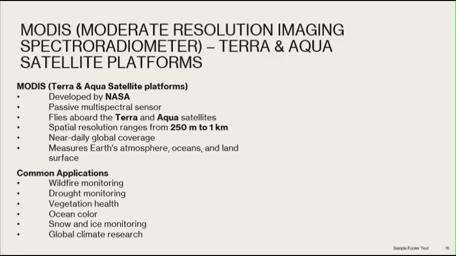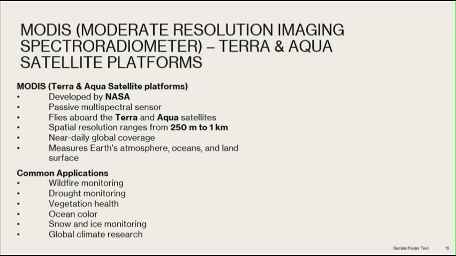Unlike Landsat and Sentinel-2, MODIS was designed to provide frequent global coverage rather than highly detailed imagery. The Terra and Aqua satellites together are able to observe nearly the entire Earth's surface every 1 to 2 days, making MODIS one of the most valuable sensors for monitoring changes on a global scale.